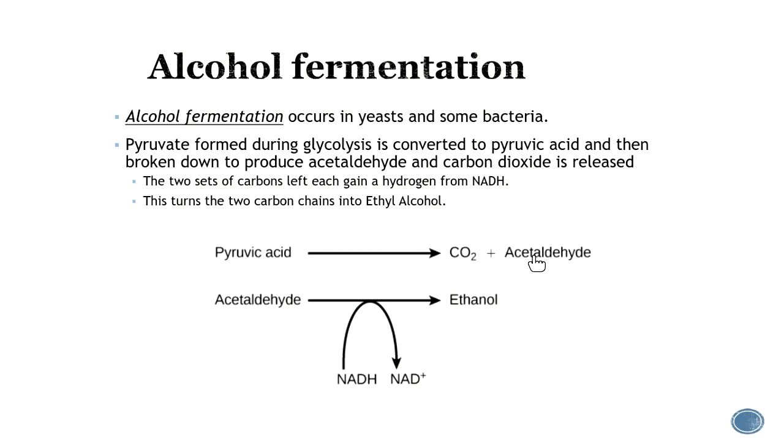In the process of doing that, we release some carbon dioxide. The next step is to take this acetaldehyde and convert it into ethanol, which is the alcohol. So it's pretty straightforward. You're going from pyruvate to a final product of ethanol. The acetaldehyde is a sub-step in the middle, and you're generating some carbon dioxide also.